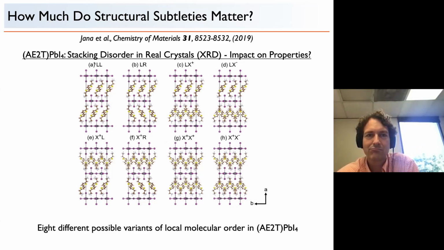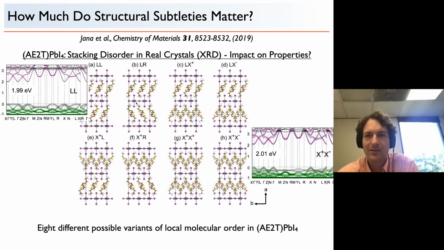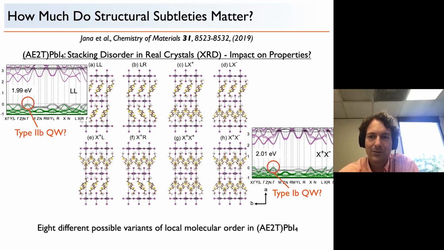And so you can, for instance, believe in all parallel stacking, or you can believe in herringbone stacking of different types. And it turns out that the energy band structures that come out of this kind of exercise look subtly different. This, in fact, here is an inorganic to organic quantum well. This is an inorganic to inorganic quantum well. So the optical properties should be quite different, and that's shown here as well.